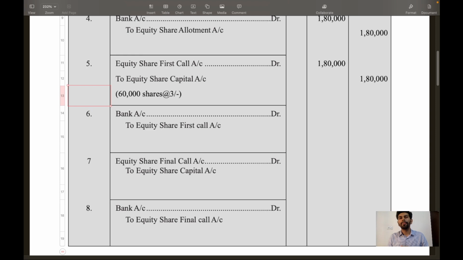Narration will be being first call money due on 60,000 shares, and the next entry will be on receipt of first call money, bank account debit to equity share first call account, and amount will be the same, 1,80,000 rupees.